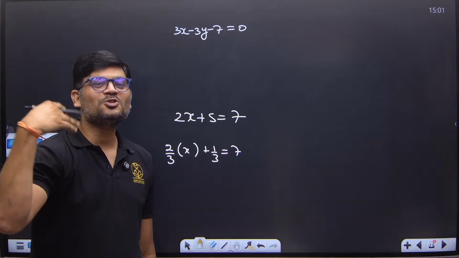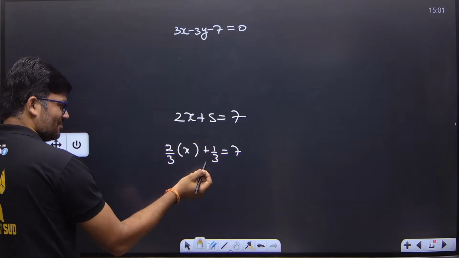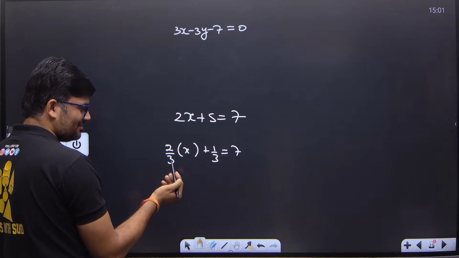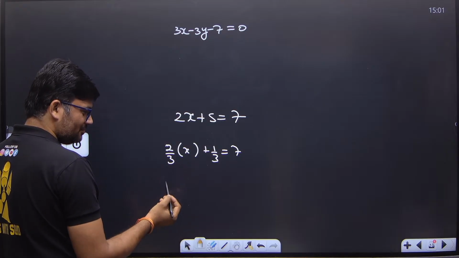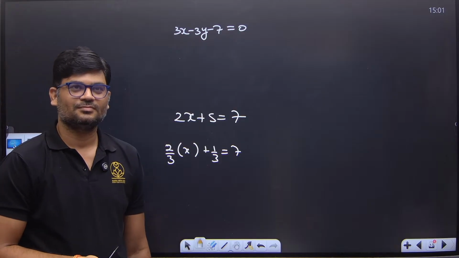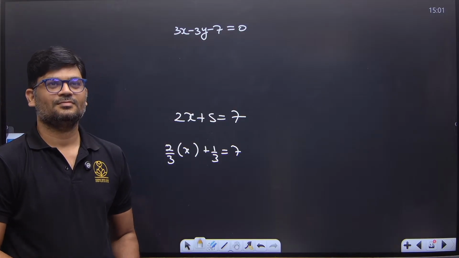1/3 added to 2/3 times a number gives 7.